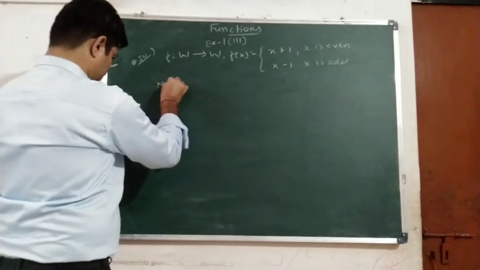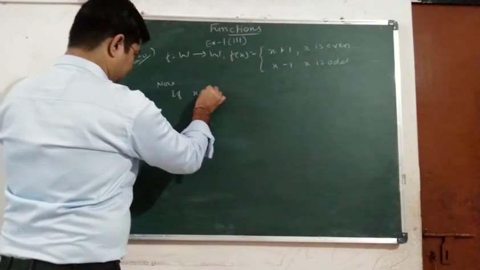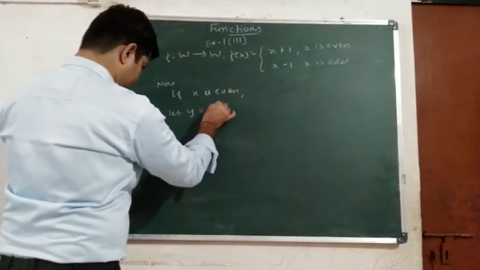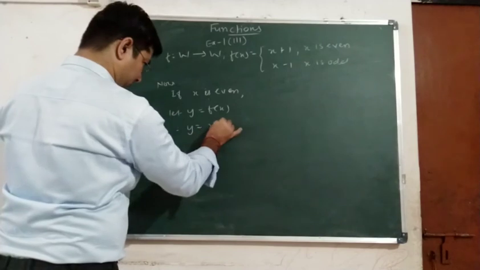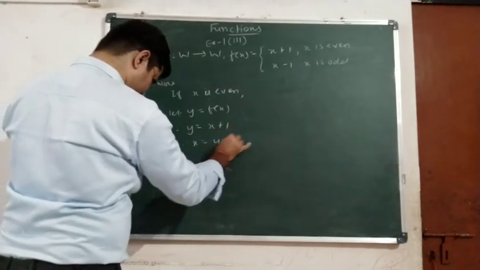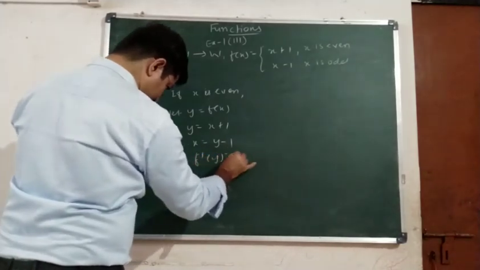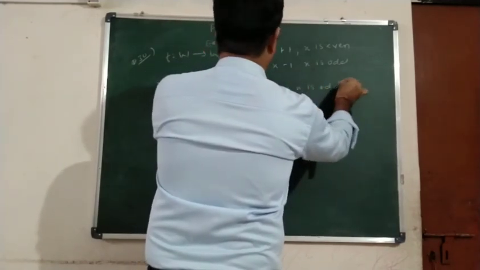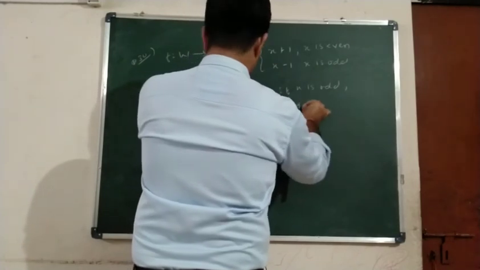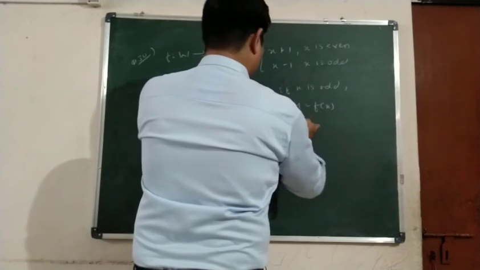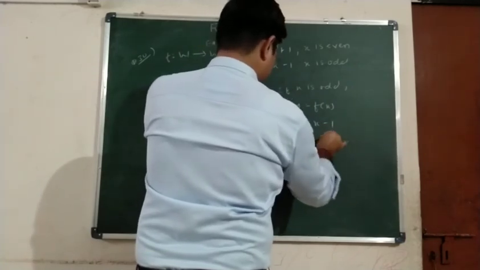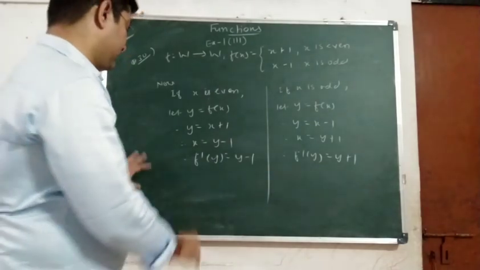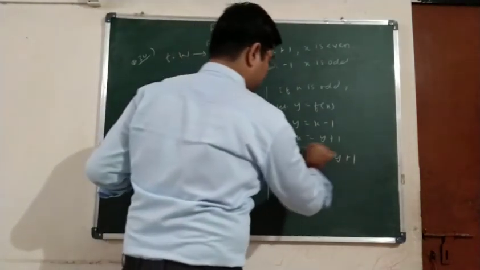Okay, now if x is even, let y is equal to f of x, therefore y is equal to x plus 1, therefore x is equal to y minus 1, therefore f inverse y is equal to y minus 1, and if x is odd, and let y is equal to f of x, therefore y is equal to x minus 1, therefore x is equal to y plus 1, therefore f inverse y is equal to y plus 1. So we have got the inverses for both the cases.